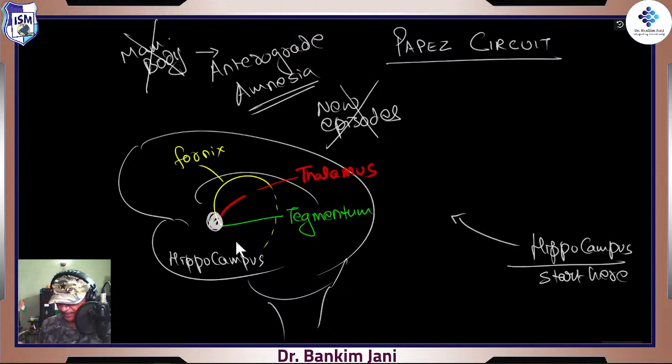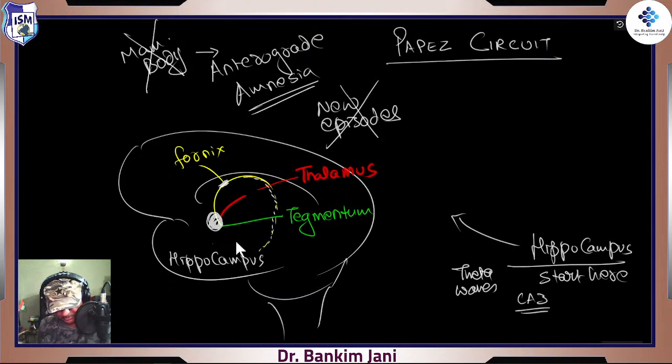Then this hippocampus generates theta waves with specific neurons called CA3. These CA3 neurons generate theta waves. Now that would travel through the fornix and reach the mammillary body, so it is like this path.